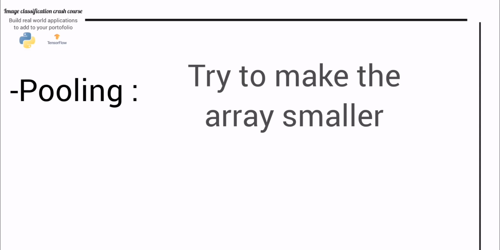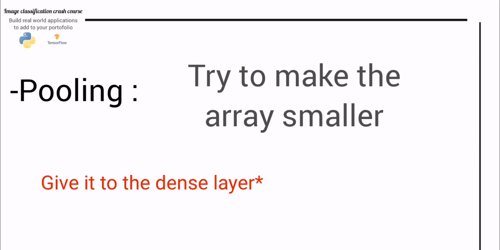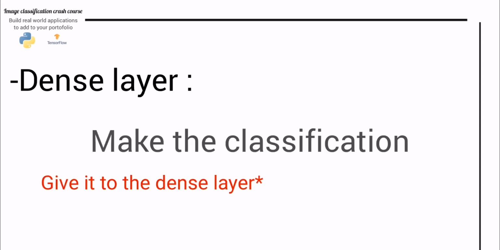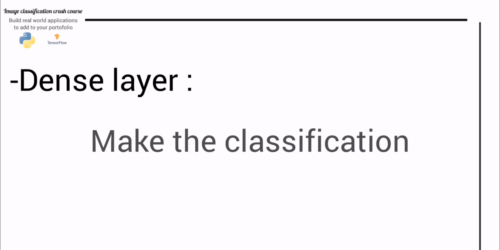You take that array and feed it into a dense layer. This dense layer is going to classify. It sees this last array and classifies whether this is something or the other.